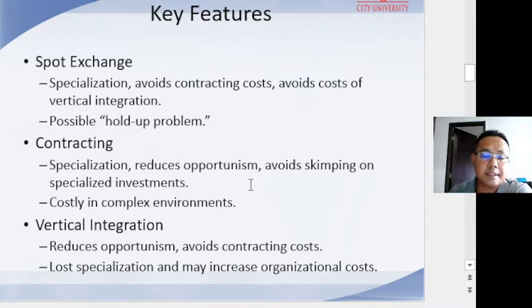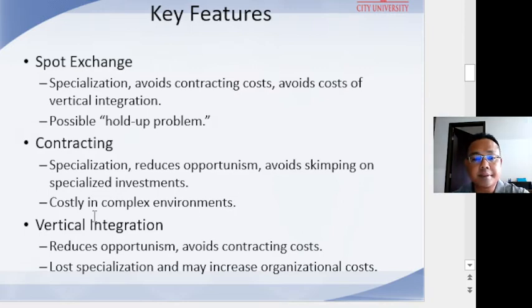So there are some features, okay, as explained before. Spot exchange: specialization, avoids contracting cost, avoids cost of vertical integration, possible hold-up problem. Okay, and then contracting: still specialized, reduces opportunism, avoids skimping on specialized investment, but costly in complex environments.